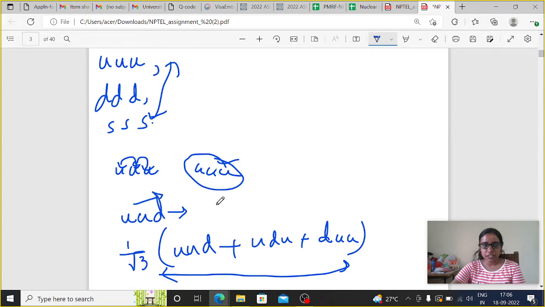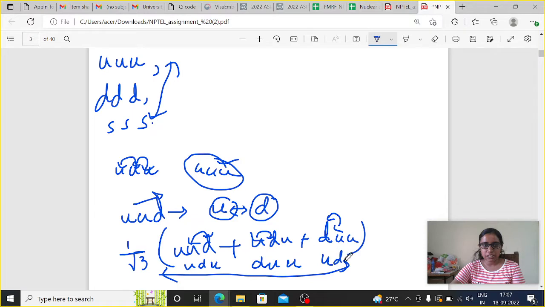The symmetric rule is: if I replace one u by d in each term, then uud becomes udu, udu becomes duu, and duu becomes uud.